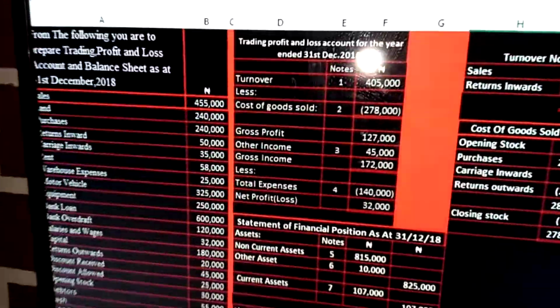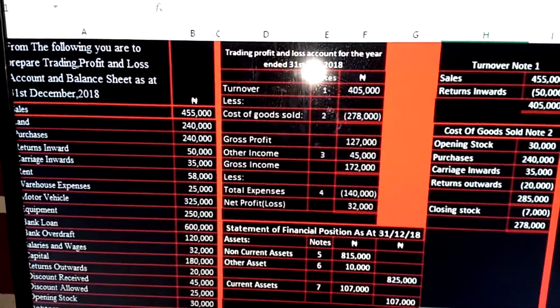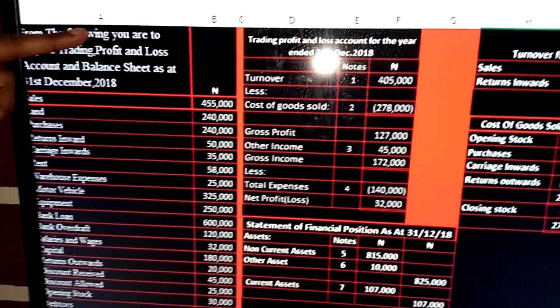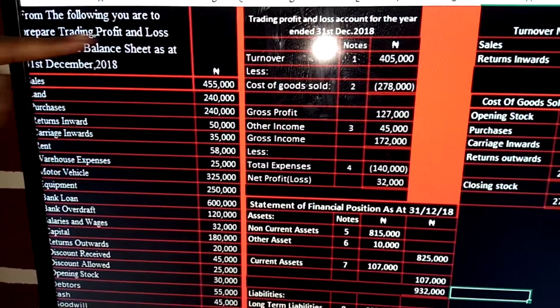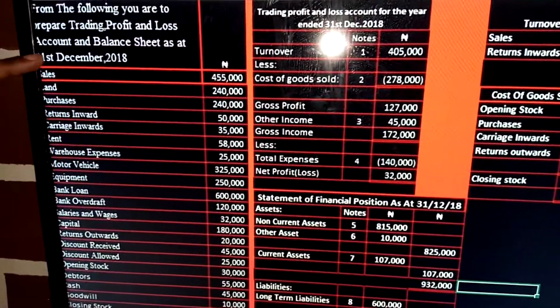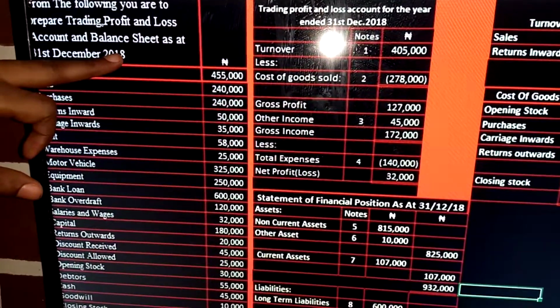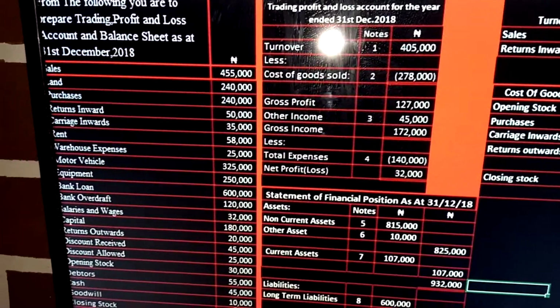Here it's a question. You can see they said from the following you are to prepare trading profit and loss account and balance sheet as at 31st December 2018. So we have the items here.